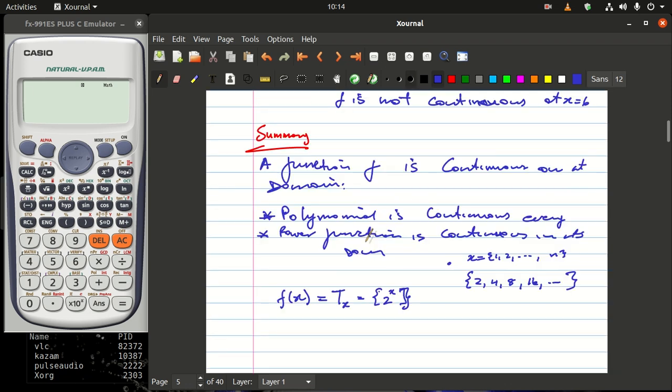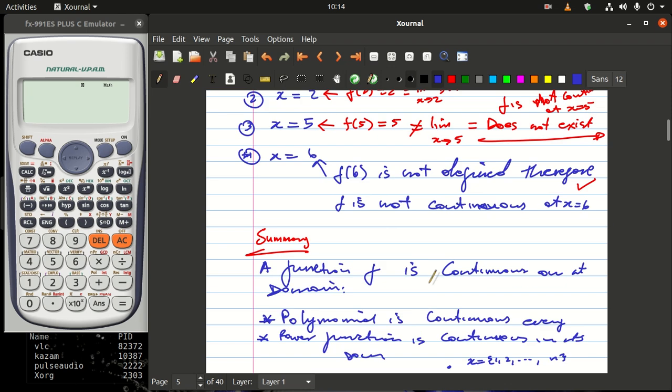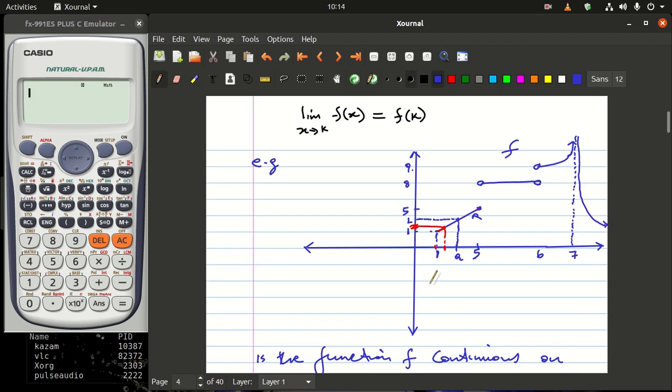Now, having this nice summary, look at the domain, and as long as the point is within that domain, you must know that the function is continuous at that point. That's what is important here. So if you look at this function, looking at the domain of f, any point in between here is part of the domain.